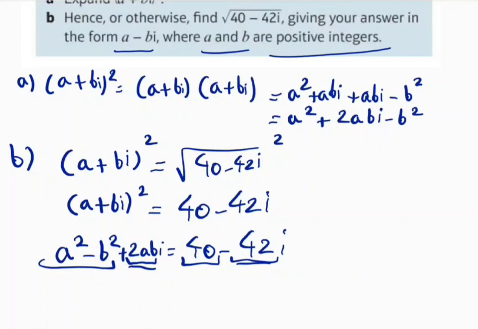All the difficulty of this question is just realizing this: that if you have something in this form, you can get to this form, which is the hard bit. The rest hopefully is obvious, because you just have to equate the coefficients in order to get the values of a and b.